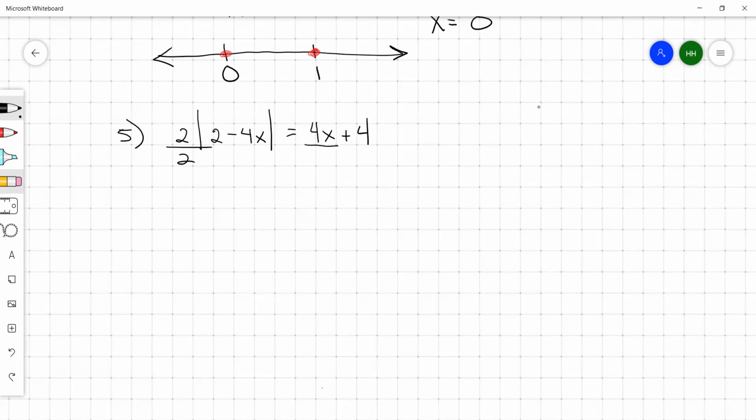Now, be careful on this right-hand side. You got to divide everything by 2. This cancels out. You get the absolute value of 2 minus 4x on the left, and it's equal to 4x divided by 2 is 2x, and 4 divided by 2 is positive 2.